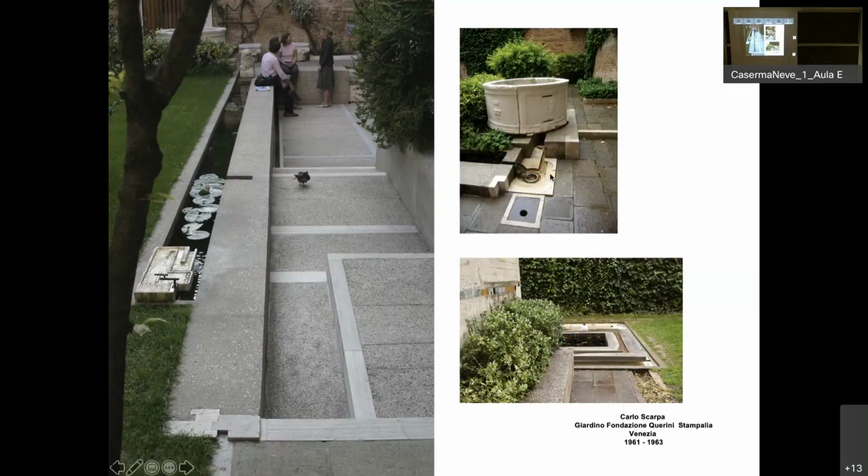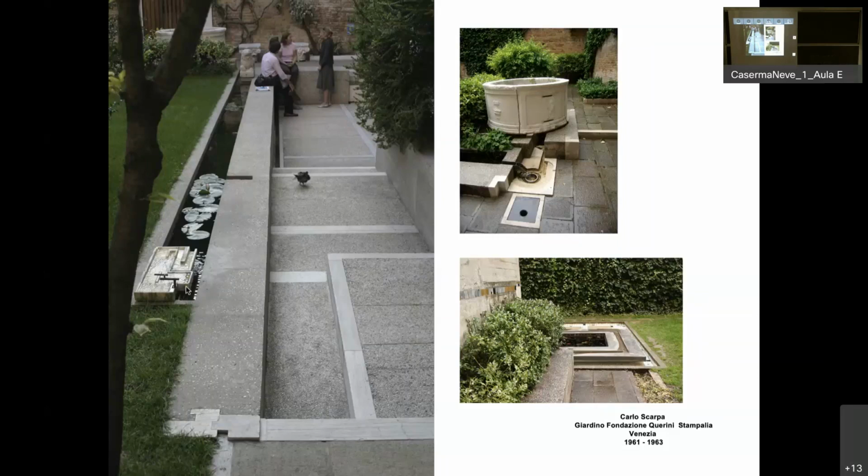You see how there are some points in the garden, in the exterior garden of the Fondazione Querini Stampalia, in this internal patio, this internal garden, that are invested by a very rich, articulate and very careful decorative treatment in order to stress which are the points of major design effort and major intensity of the composition.